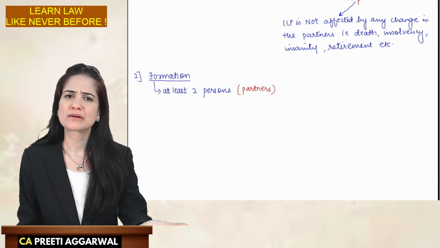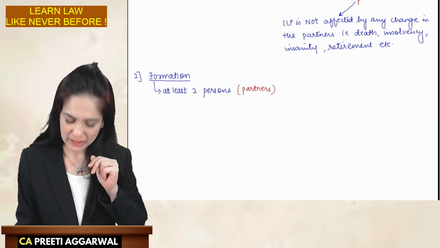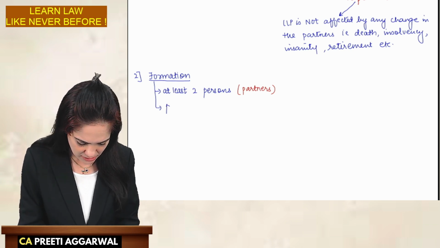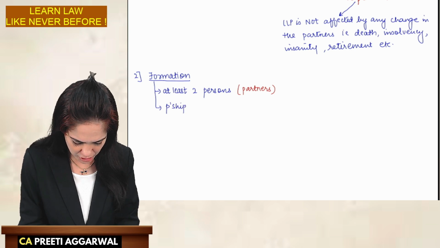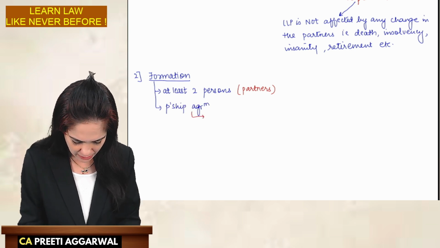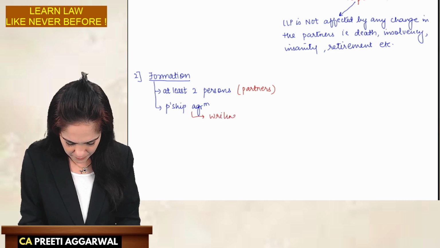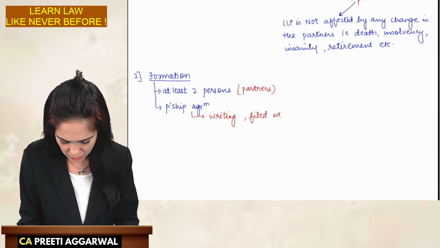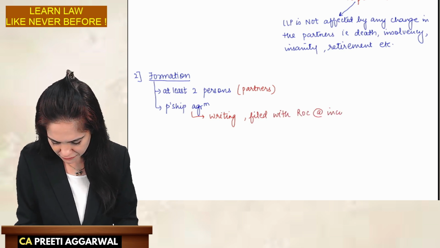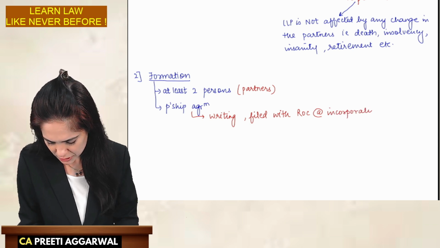Out of these partners, you will have two designated partners. Okay, that we will write later, not now. Now, these persons enter into a partnership agreement. Now, this agreement must be in writing and it will be filed with ROC at the time of incorporation.